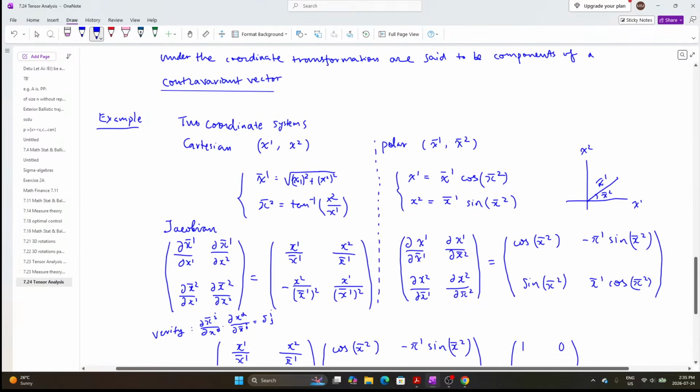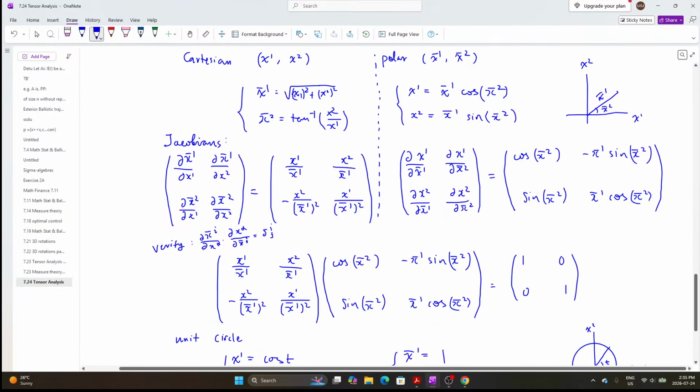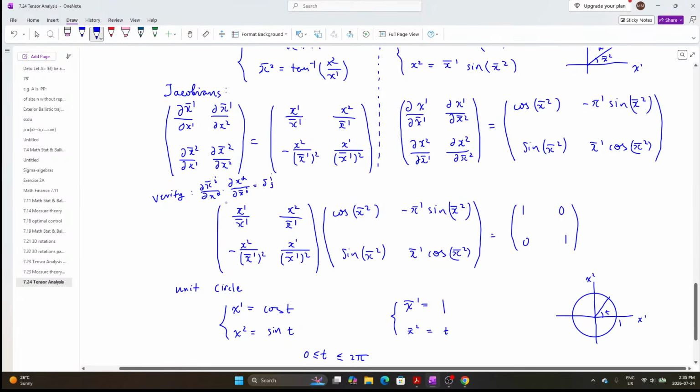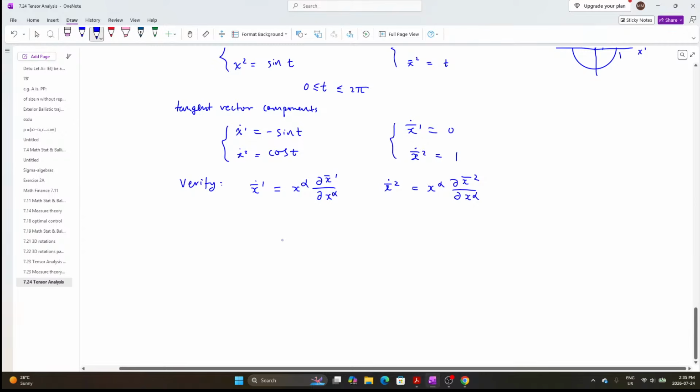So you got the Cartesian polar coordinate Jacobians, verifying their inverse relation, unit circle, tangent component. Now we can verify that. So what does this say? Well, expand that in the summation notation explicitly.